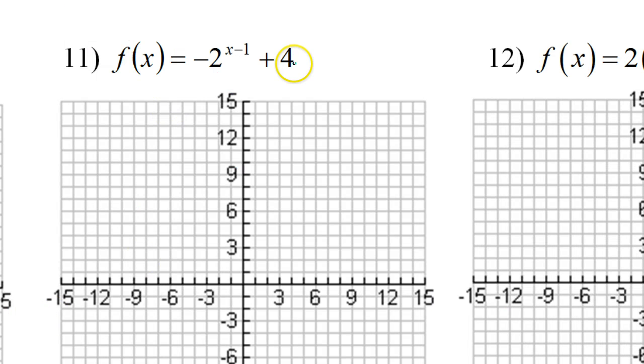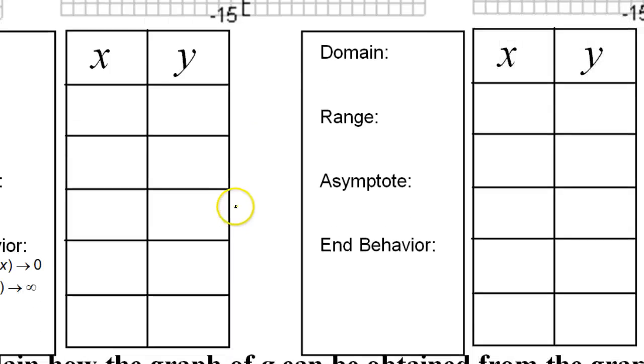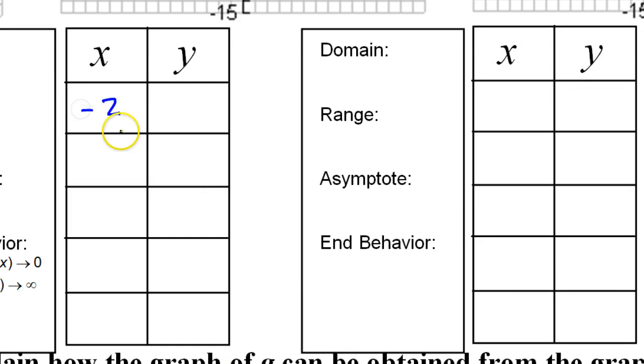So number 11, we've got this function. Again, let's start with just the parent function, which is 2 to the x power. The parent function, we can stick with our -2, -1, 0, 1, 2.